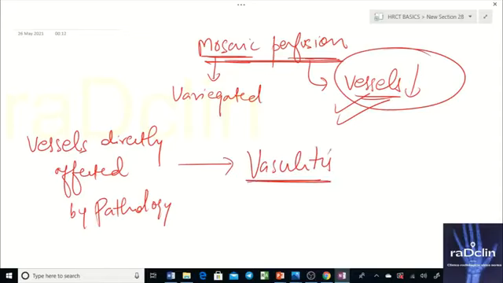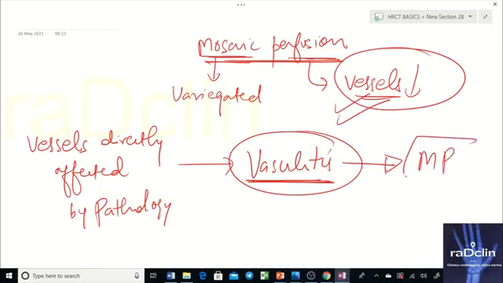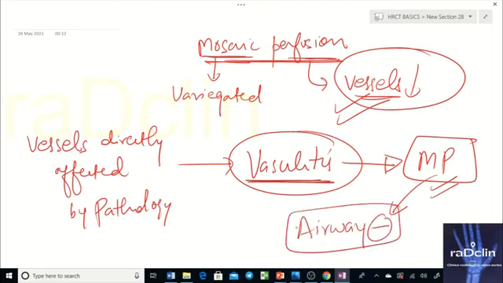So if vessels are inflamed or basically destroyed, then also we can have what? Mosaic perfusion. But do you think that mosaic perfusion at this point is due to the airway? No, it is not due to the airway. The airway is normal here, and still we have mosaic perfusion.